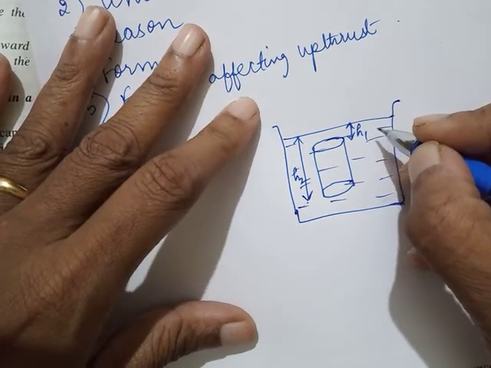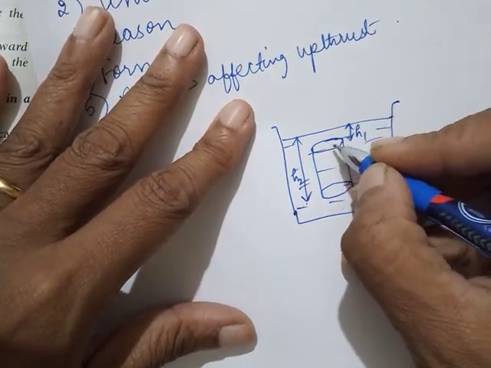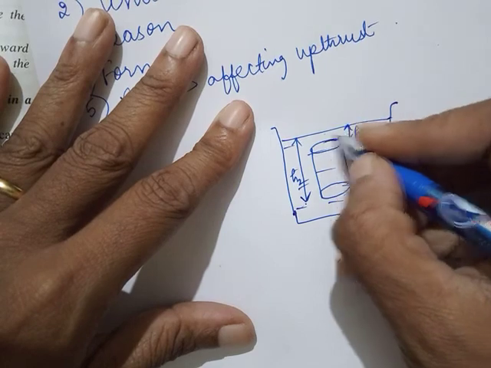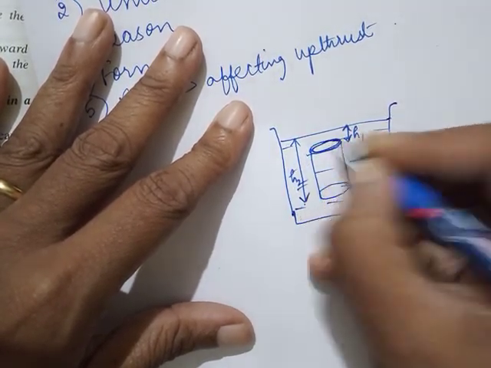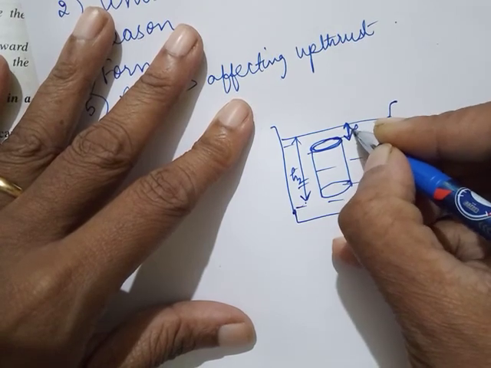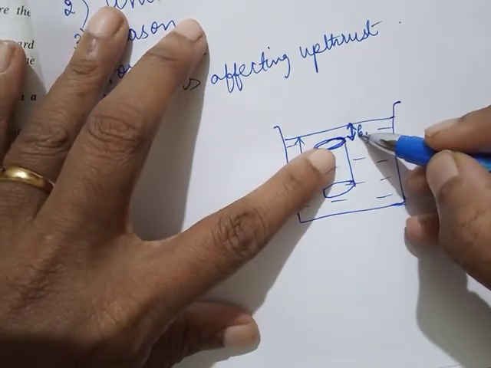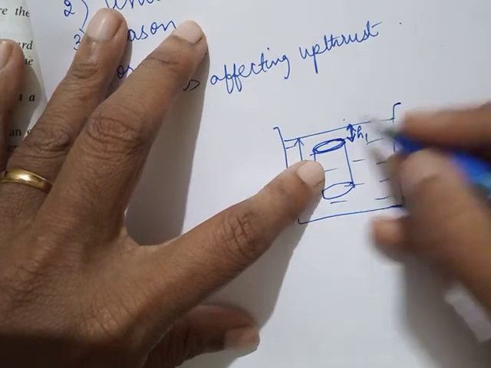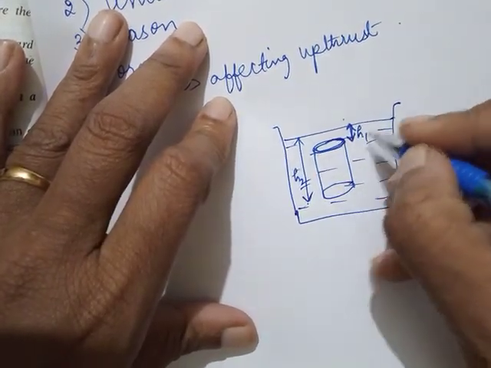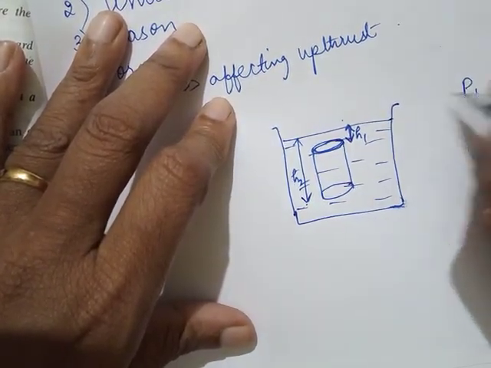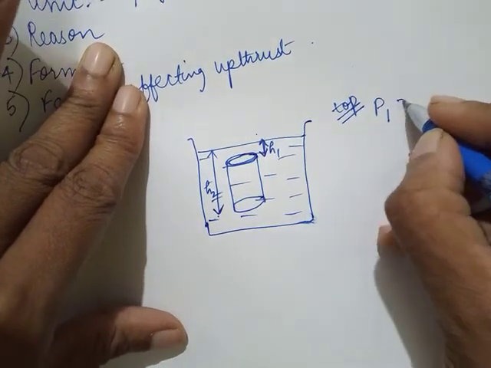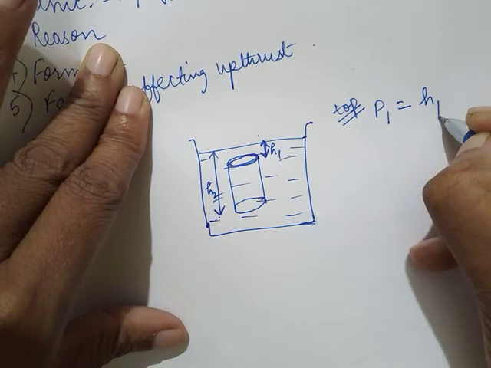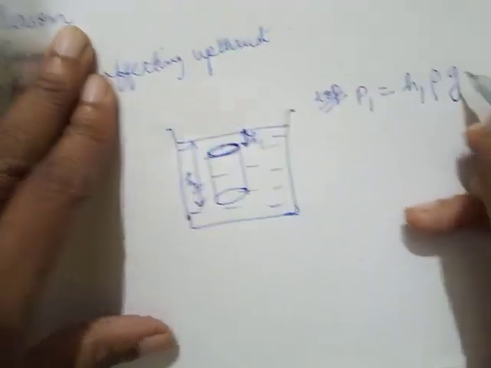So what happens? There is a difference in pressure. The pressure exerted on this surface will be due to this height. You have to consider the height of the liquid column above it. So let's take the pressure on the top surface as P1. On the top surface the pressure is P1, and you know the formula h1 rho g.